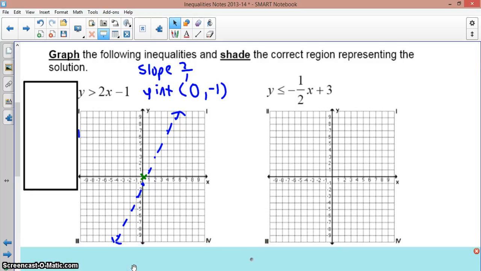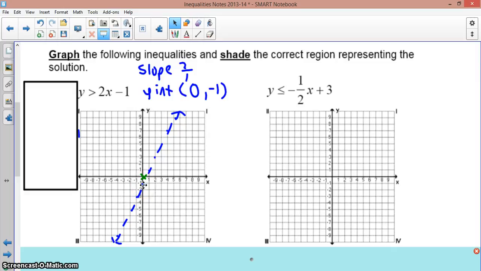Now, I need my shading. So there are two ways that you can do the shading. You can do the test point way, which I explained above, or you can do what I call the logic way. As long as the y is on the left-hand side, you can do this. So it's saying y is greater than. You look at where the y-intercept is, and you're saying, okay, y needs to be greater.